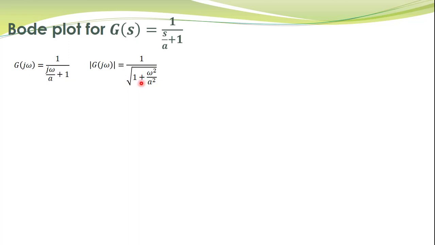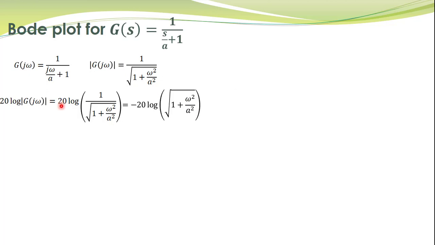Since we want to plot the magnitude response in dBs, we shall take the log of this magnitude and then multiply it by 20. So that is the magnitude in dBs, which can be written in this form.